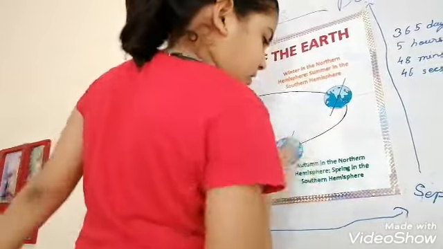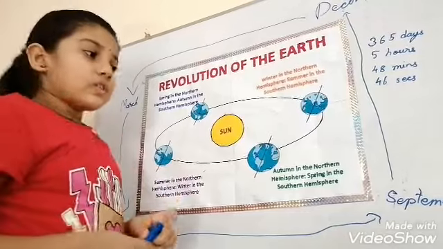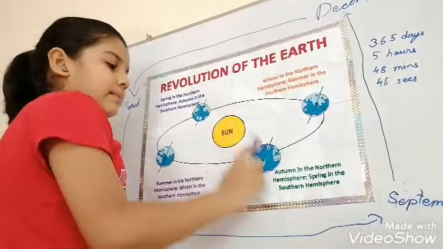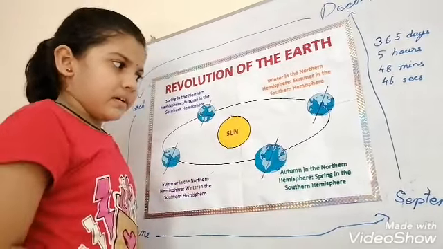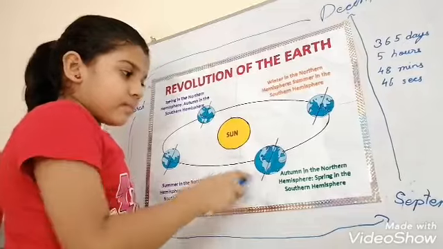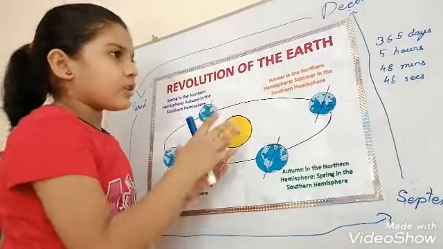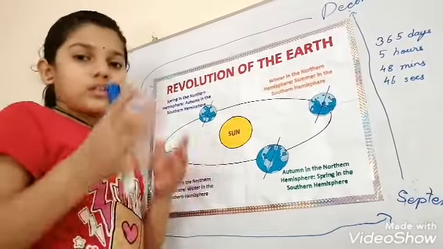Then comes autumn in the northern hemisphere and spring in the southern hemisphere. Why is that? As both halves face the sun, why aren't both halves in autumn or spring?